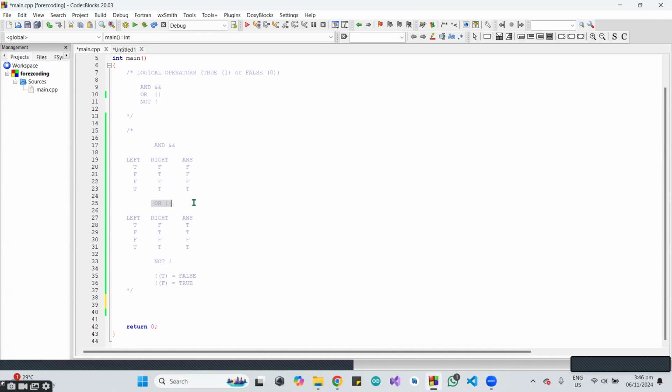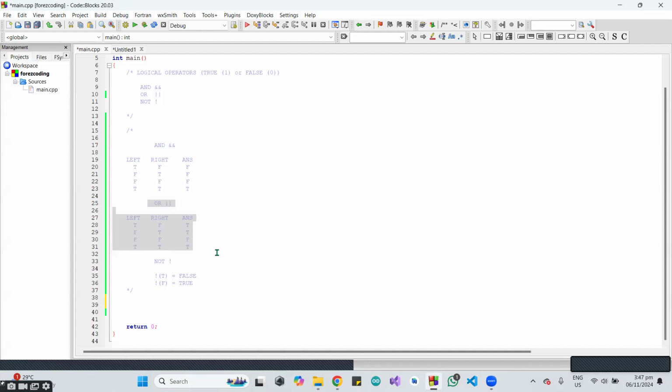And for the OR operation, we also have the left and right operand and then the final answer. If the left operand is true and the right operand is false, therefore the answer is true. If the left operand is false and the right operand is true, the answer is true. If both operands are false, the final answer is false. And if both operands are true, the final answer is true.